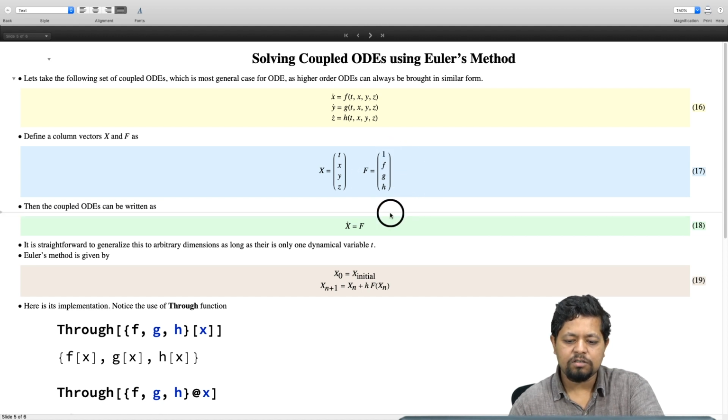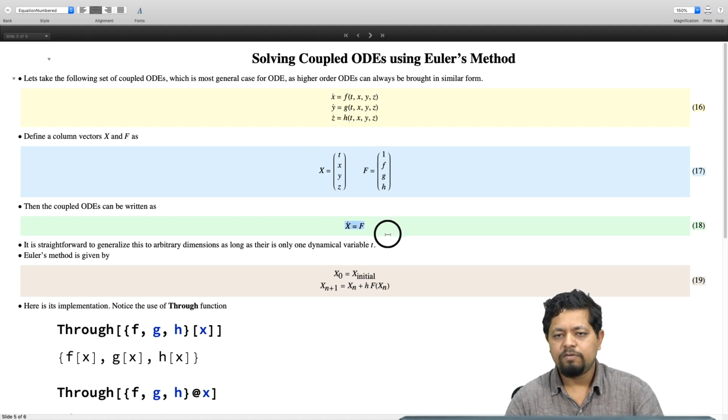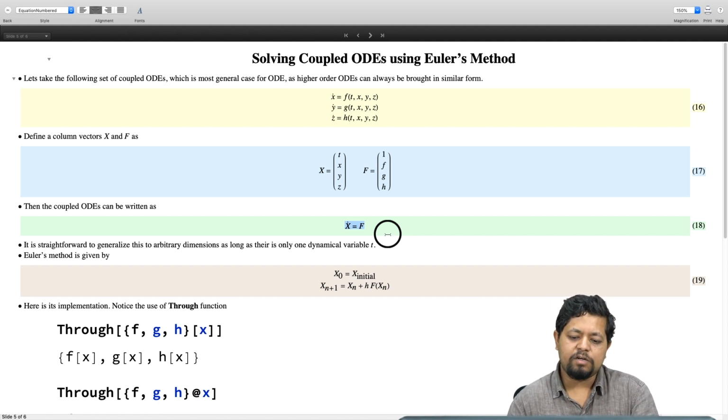Now you see that this set of coupled first order ODEs can simply be written as a single matrix equation, and this kind of setup will work out really easily on a system like Mathematica, which can directly work with matrices, and a lot of operations on matrices can easily be done. That's why we are setting this up in the form of a matrix equation.